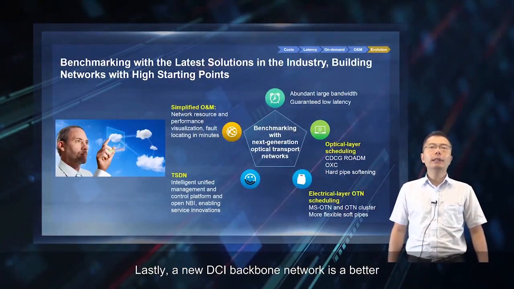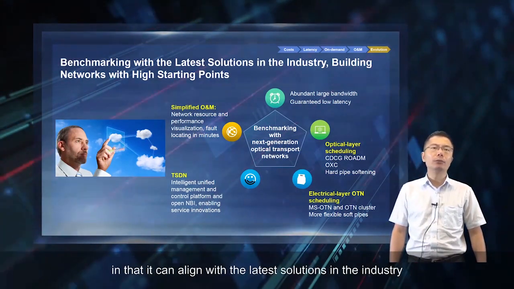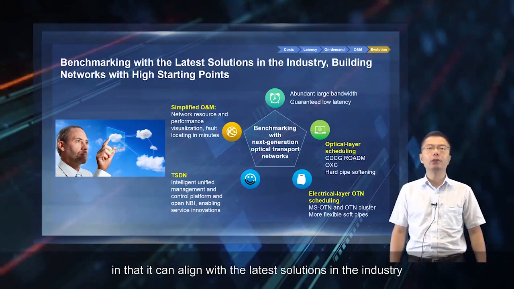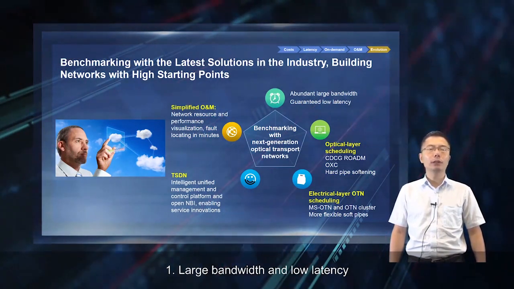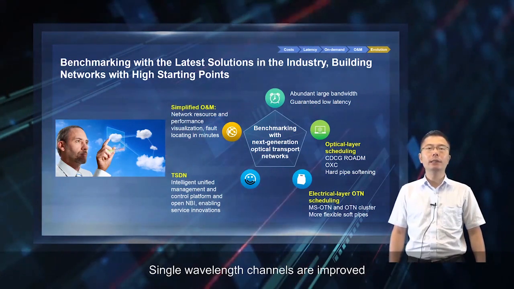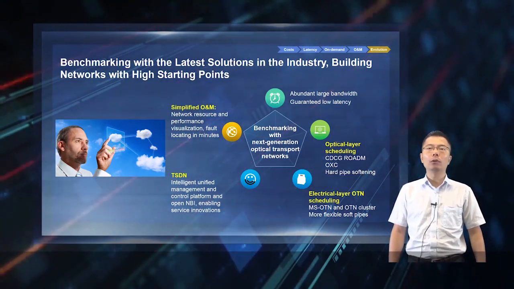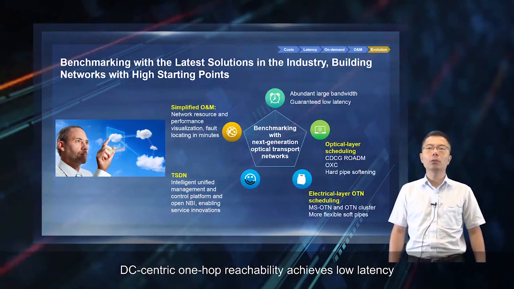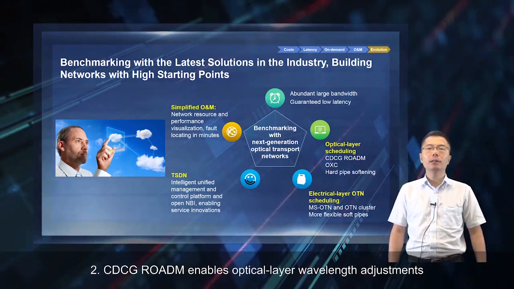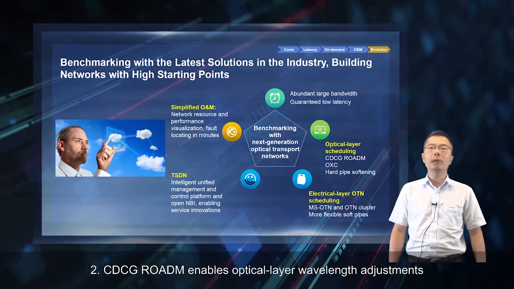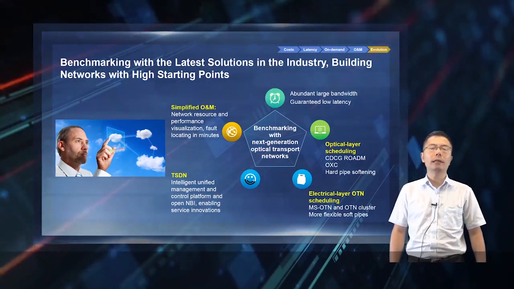Lastly, a new DCI backbone network is a better starting point for the all-cloud era in that it can align with the latest solutions in the industry by leveraging the following strengths. 1. Large bandwidth and low latency. Single wavelength channels are improved to 200G for large network latency. DC-centric one-hop reachability achieves low latency. 2. CDCG ROADM enables optical layer wavelength adjustments and will evolve towards OXC. 3.